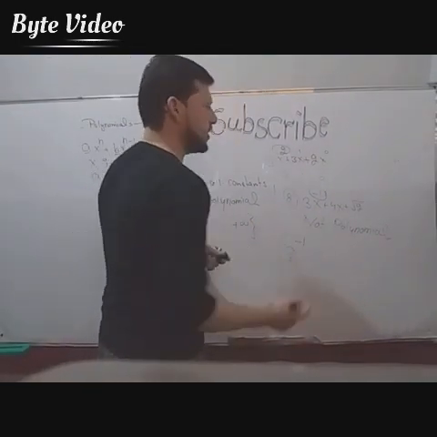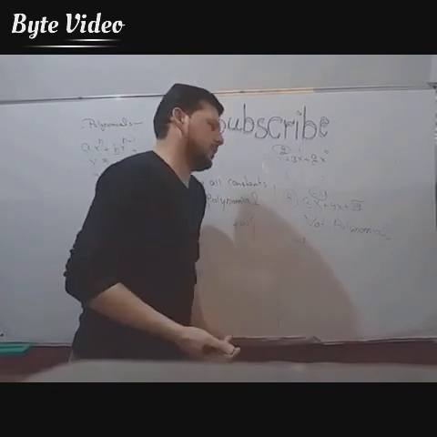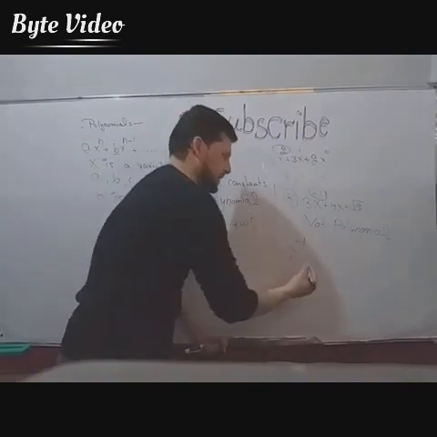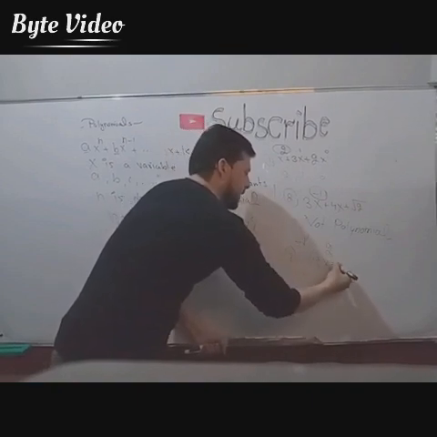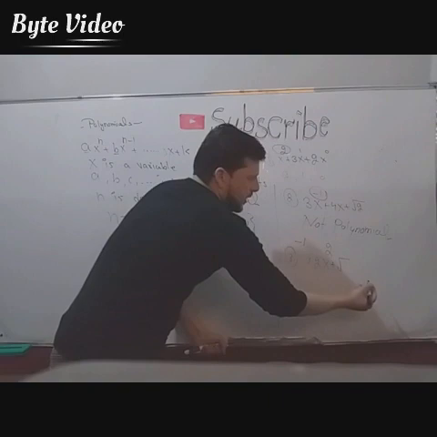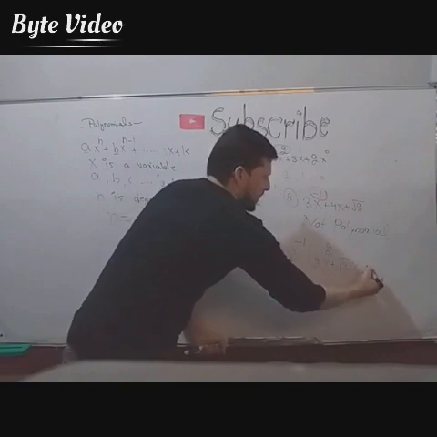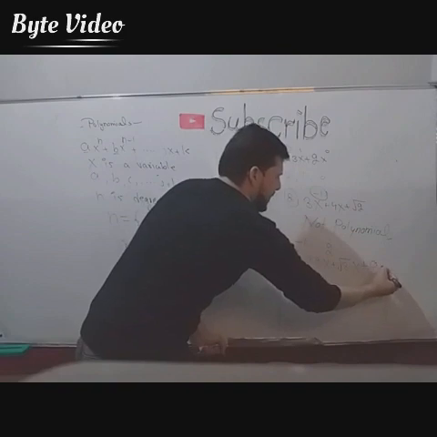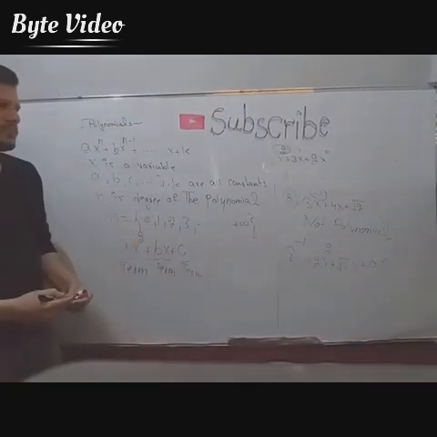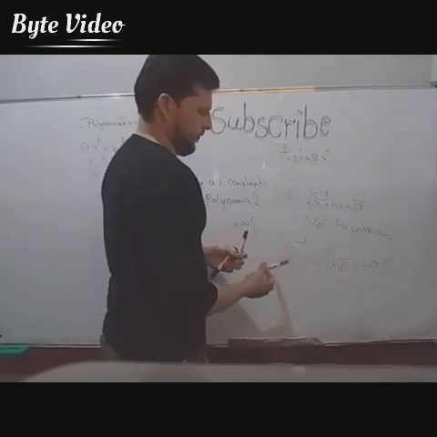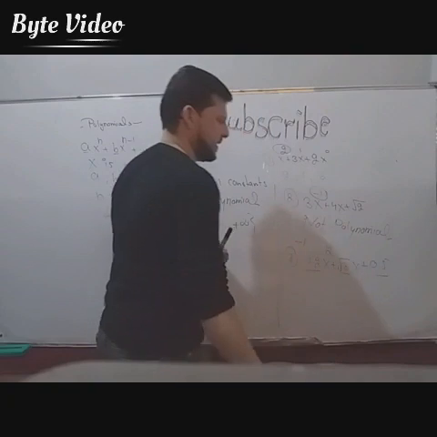The coefficients can be fractional numbers, square roots, maybe decimal numbers. For example, 0.2x to the power of 2 plus the square root of 3 x plus 0.5. Is it a polynomial? Yes, it is, because we do not care about the coefficients. The coefficients will be these numbers.